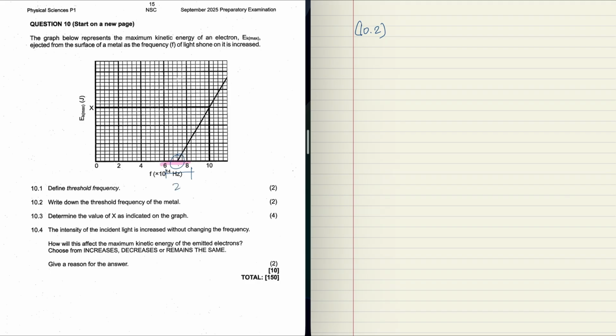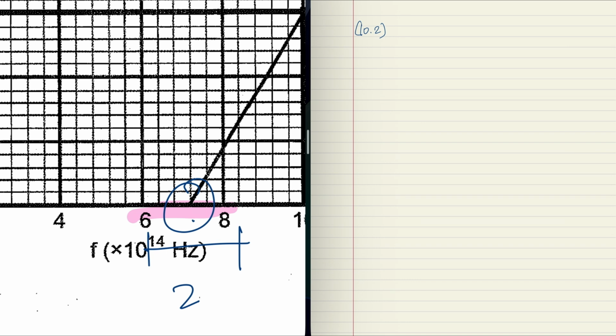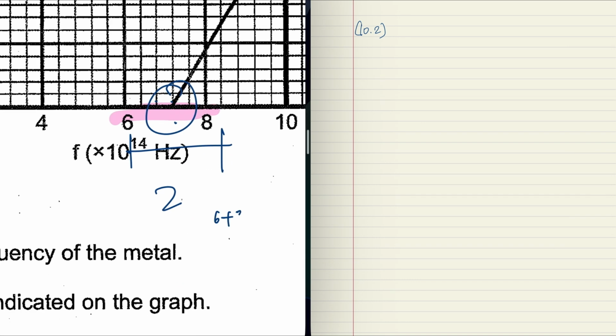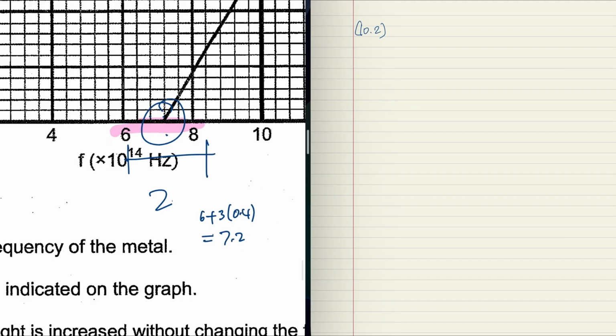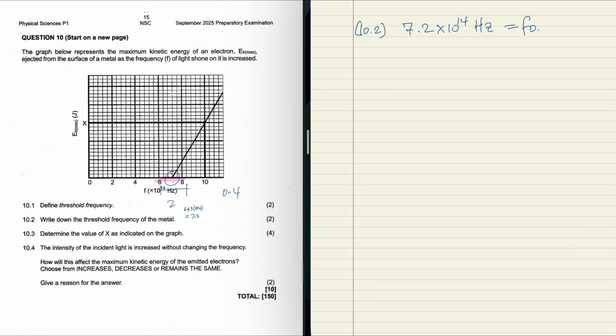If you count the number of lines and divide by 2, each block is going to be 0.4. So if you count, you're going to go 1, 2, 3. So it's going to be 6 plus 3 times 0.4. That's going to give you 7.2. So the answer here is 7.2 times 10 to the 14 hertz, and that is our threshold frequency.